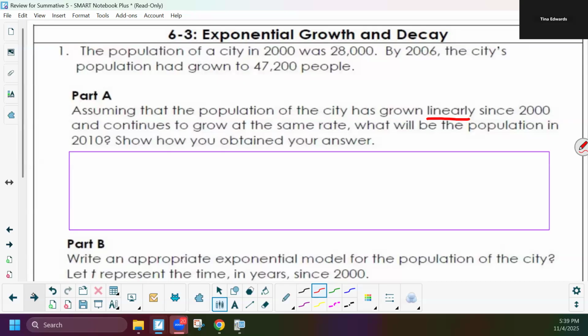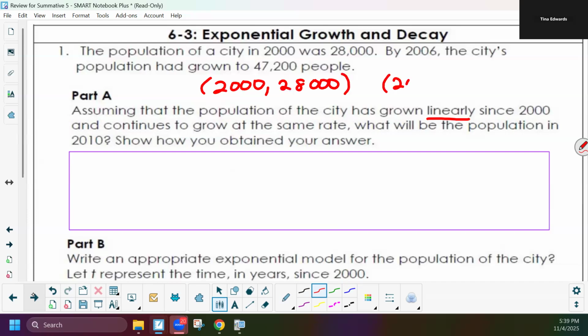So since it says linearly, I want an equation in y equals mx plus b form. Okay, which means I need to know a slope and I need to know a y-intercept. Well, the y-intercept is easy because we know they started at 28,000 people. To find slope, we're going to think of two ordered pairs. Okay, so if I set up what in 2000, the population was 28,000.